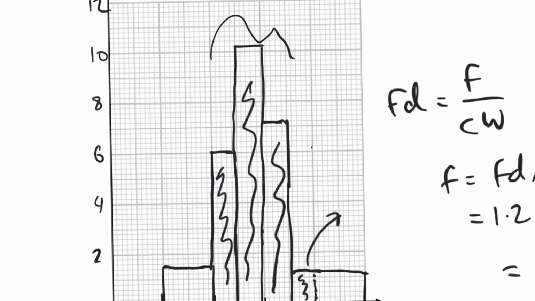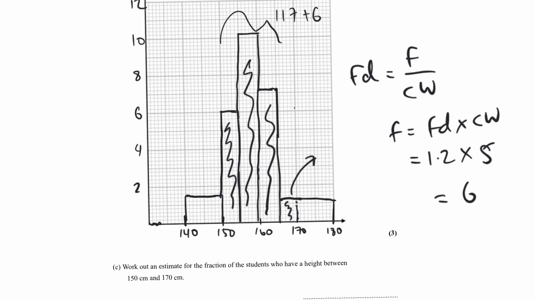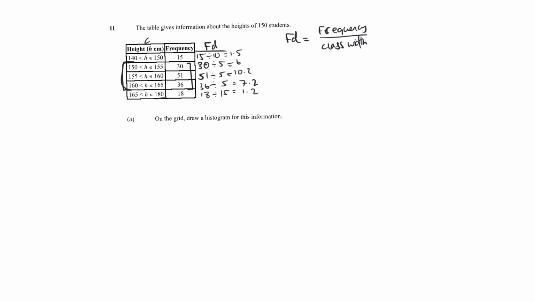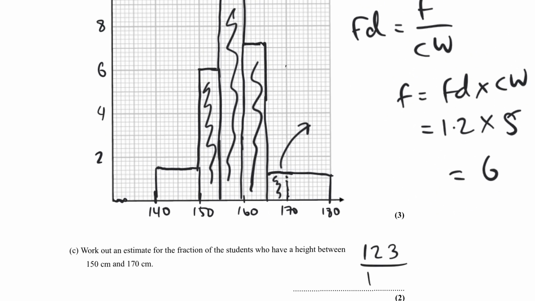Add that on to the 6. That would leave you with an answer of 123. Because it wants you to estimate the fraction, we know it's out of 150 students. So it's going to be 123 out of 150. Simplify that as a fraction, divide by 3 on both sides. That leaves you with 41 over 50. So that would be our estimate.